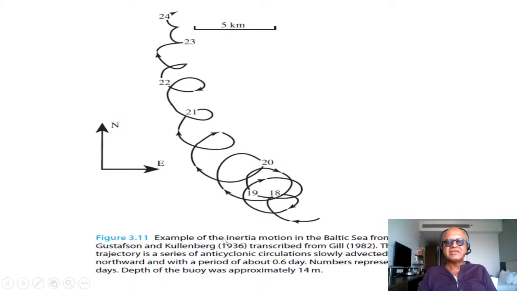So here is a nice example of an inertial circle in the Baltic Sea. We'll come back to this later on in the tropical context, where these are looking at days. So the motion is set off and then typically happens below the surface.